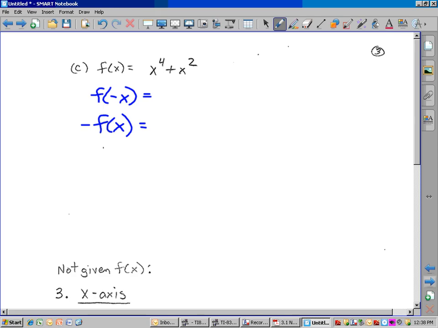And everywhere we see an x, we're going to put a negative x. So that becomes negative x to the fourth, negative x squared. Any negative to an even power becomes what? Positive. So this is x to the fourth plus x squared.